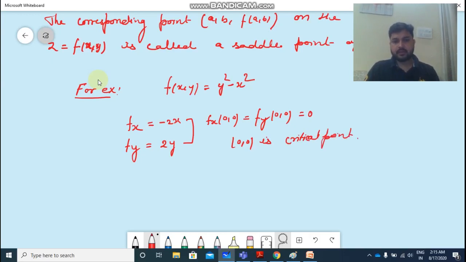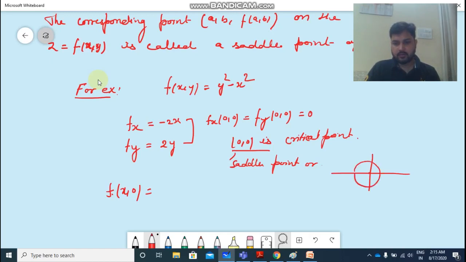Now we will check whether this critical point is a saddle point or not. If we draw a circle centered at the origin and put y is equal to 0, we get f(x,0) equal to minus x square, which is always less than f(0,0) because f(0,0) is 0.